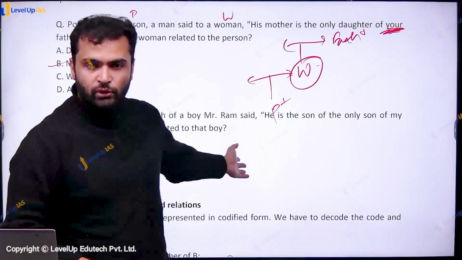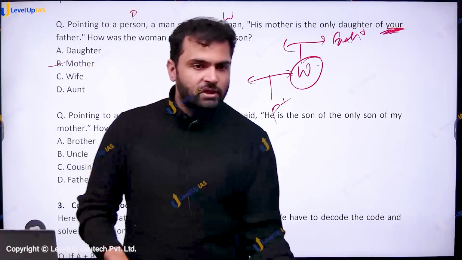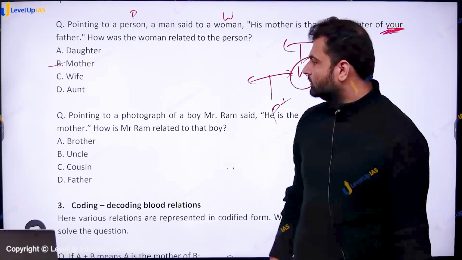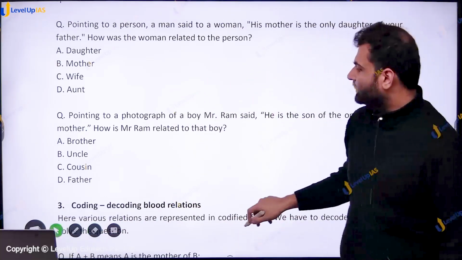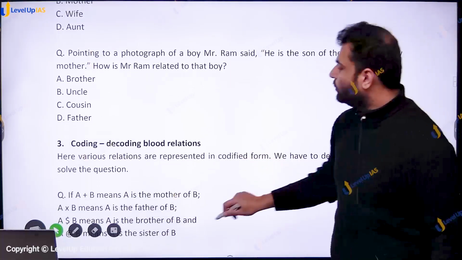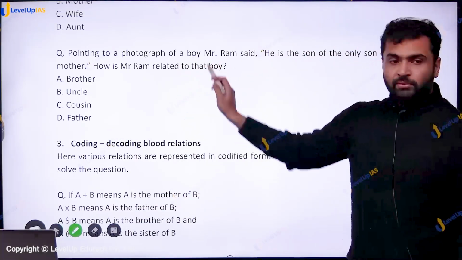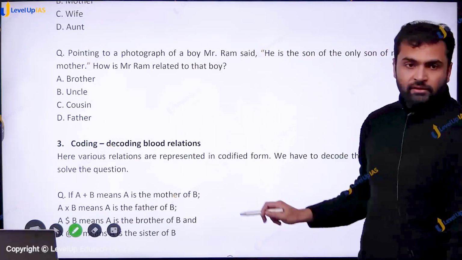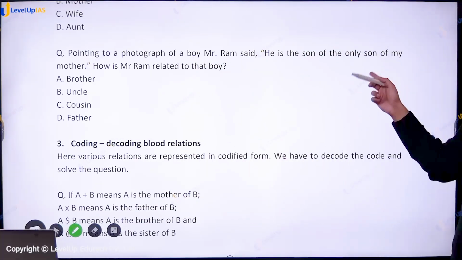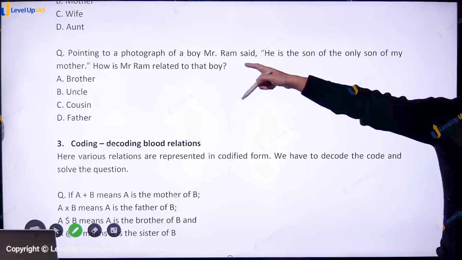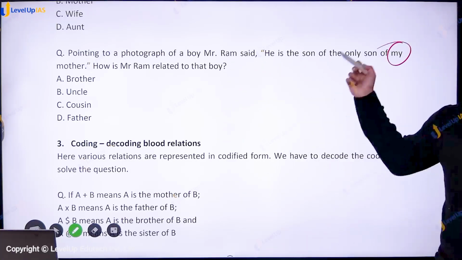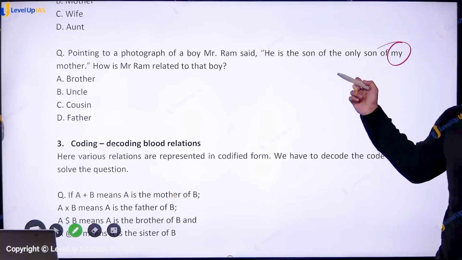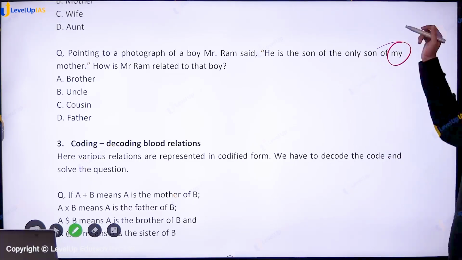This is question type number 2. First is description based, second is dialogue based. See the second dialogue. Pointing to a photograph of a boy, Mr. Ram said something. Well, what we'll do is, because Mr. Ram is saying something, we'll start with what Mr. Ram describes about himself. Okay?